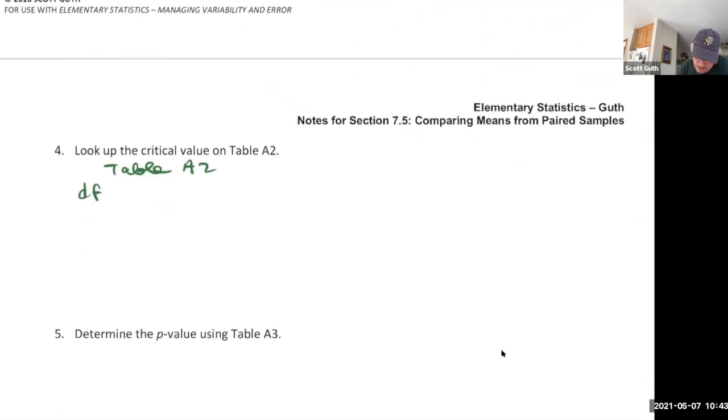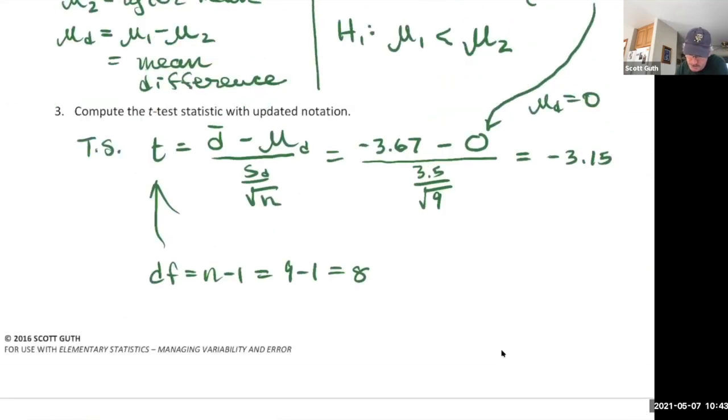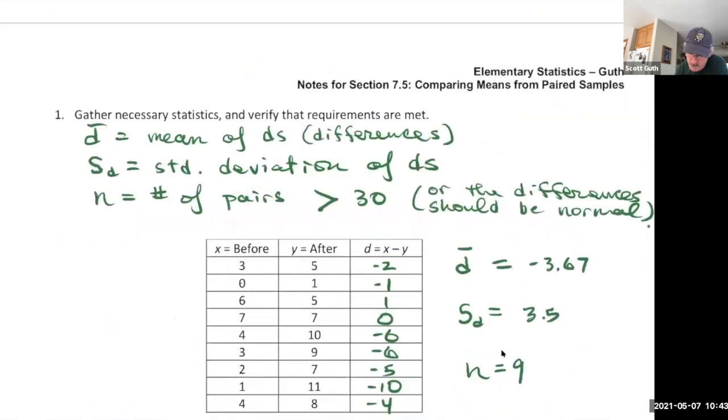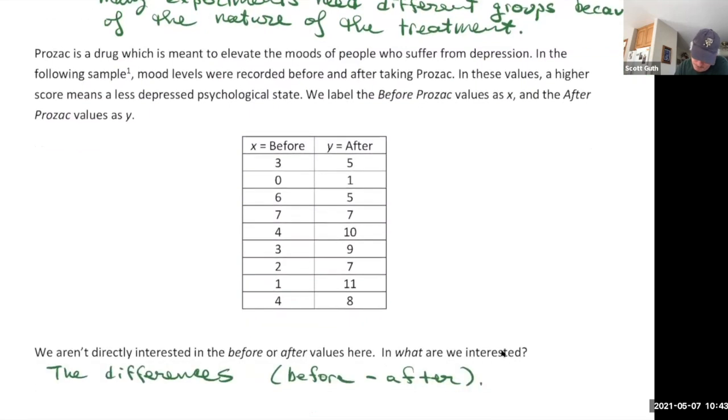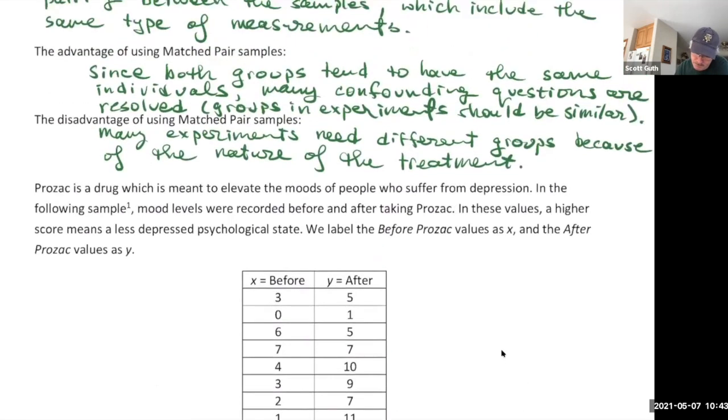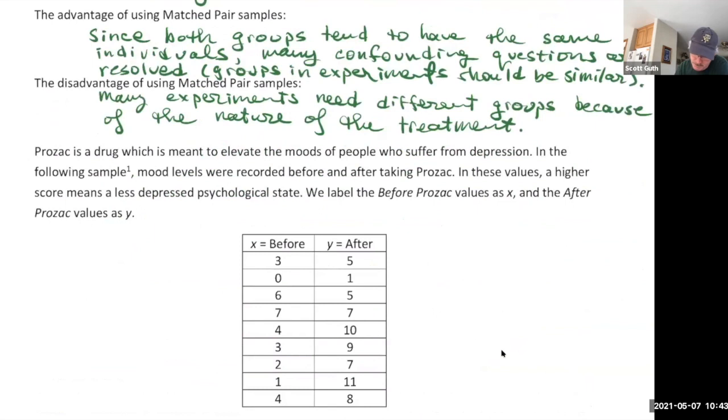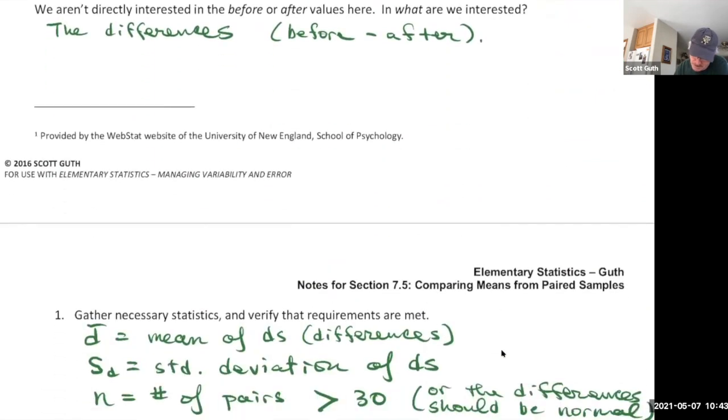Okay, so df go down to n minus 1, which will be 8 this time. I don't know what our alpha is, so we got to go back and check somewhere. I don't see it anywhere. Is this a mistake?